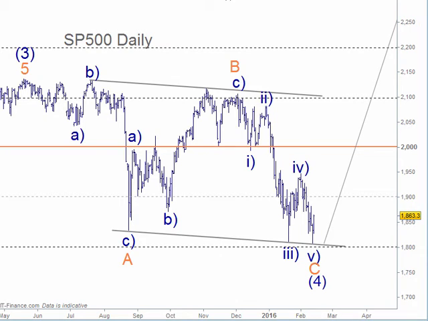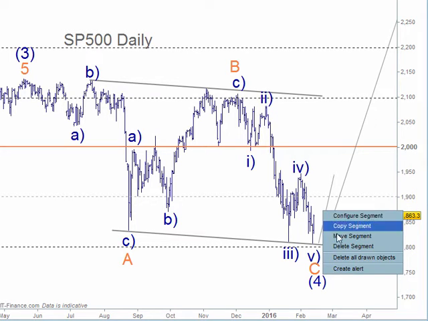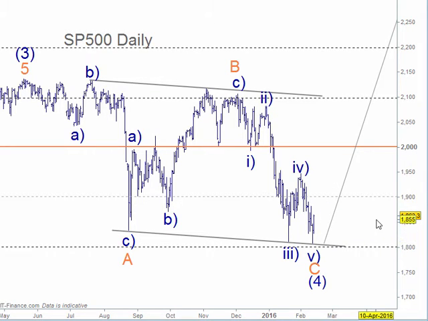So it's possible that we can get some type of situation like this before we move up. I don't think it's the case, but it just means that we need to be a little bit diligent, on the way up, looking for any sort of corrective patterns.